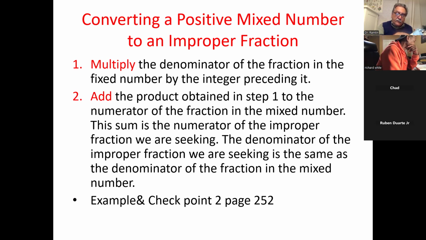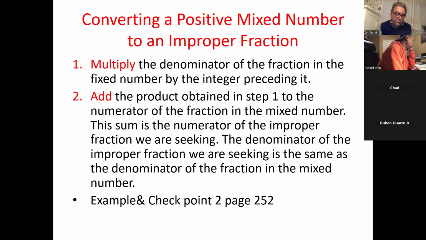So 5 times 3, 15, plus 4 is 19. The denominator still remains the same. So 3 and 4/5 is the same as 19 over 5. It's just that the first one is called the mixed number, the second one is called improper fraction.